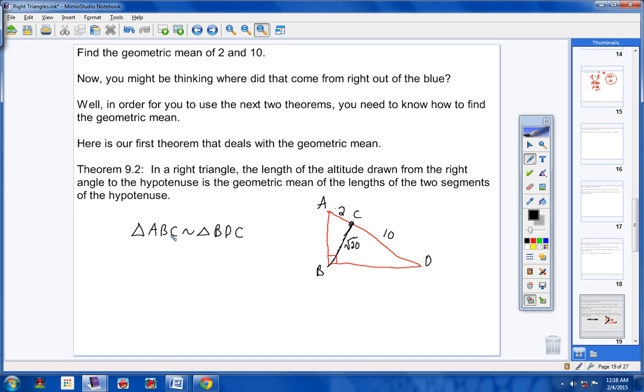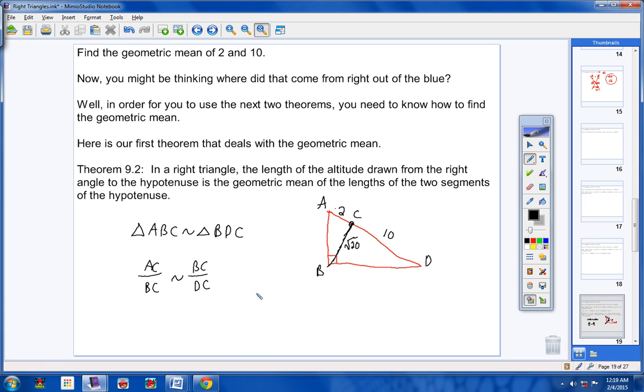See AC over here? I'm going to put AC over what? What side over here corresponds with AC? BC does, okay? So I'm going to put BC, okay? Now what other segment are we dealing with? CD. Well, here's CD right here, okay? What side corresponds with CD? BC. So I'm going to say AC over BC equals BC over what? DC.